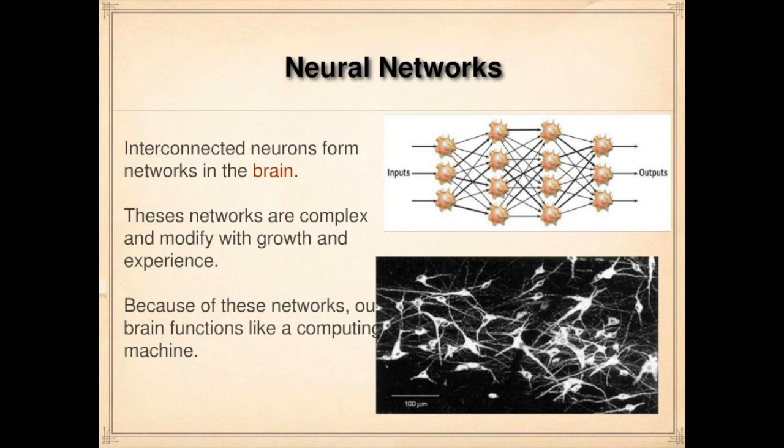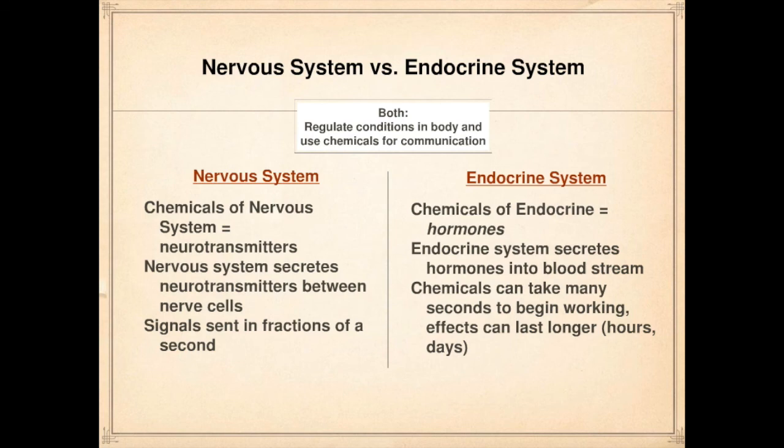So down on the bottom is a microscopic slide of neural communication of the neurons and the different connections they make. It's exponential. When you talk about billions and billions of these neurons, each neuron connecting to thousands of other neurons, it's just an unfathomable amount of connections that you can make inside those neural networks.